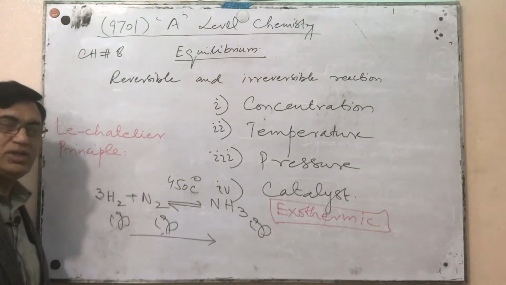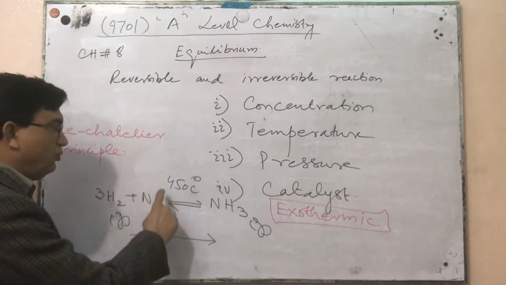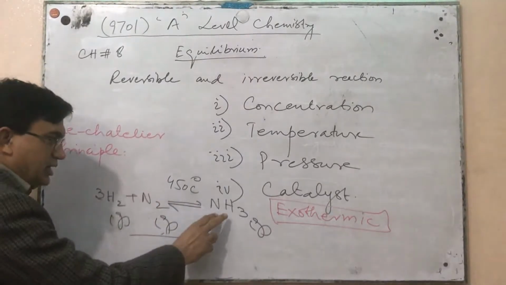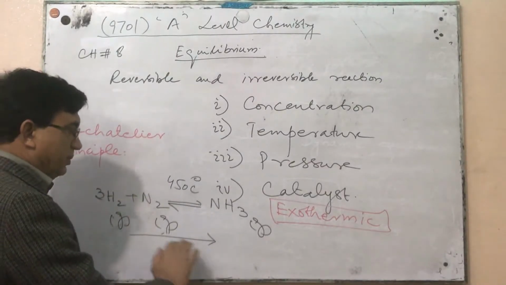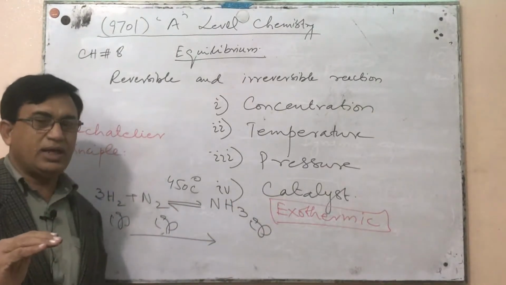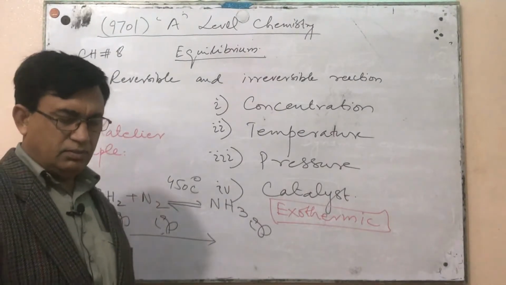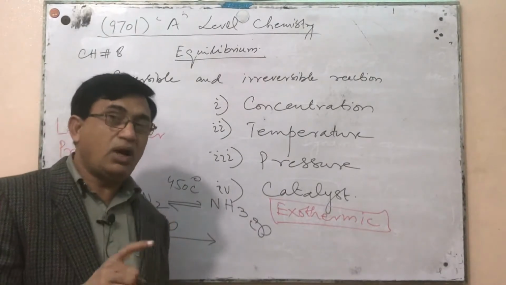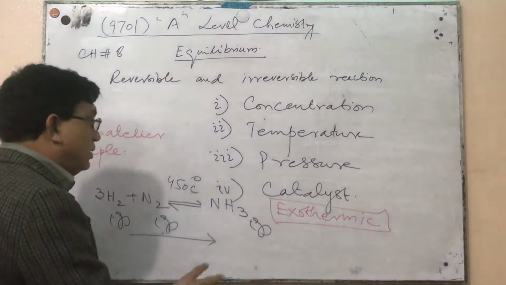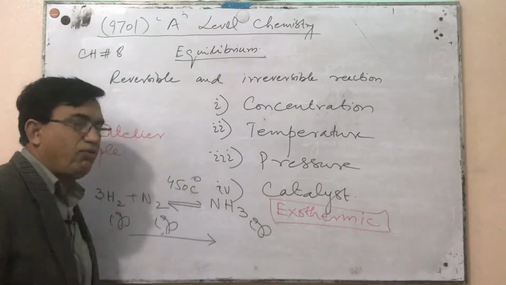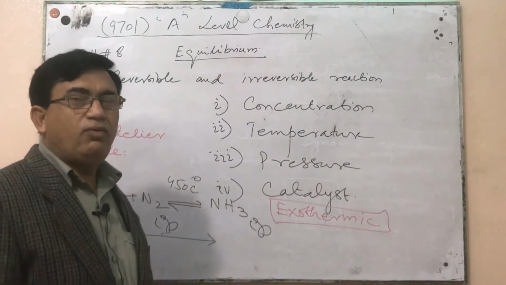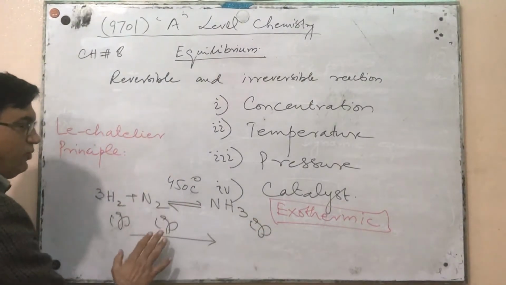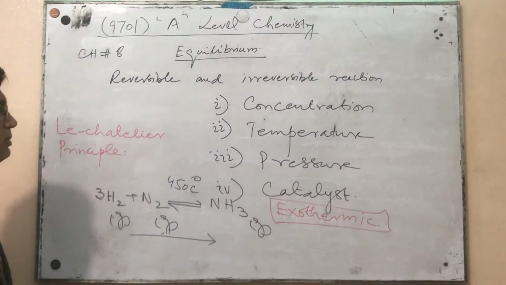That's why we compromise and increase the temperature to 450 degrees centigrade, which is the optimum temperature for this process. It means that exothermic reactions move in a forward direction by decreasing the temperature of the surrounding, and they will move backward if we increase the temperature of the surrounding. This is the effect of temperature on equilibrium.